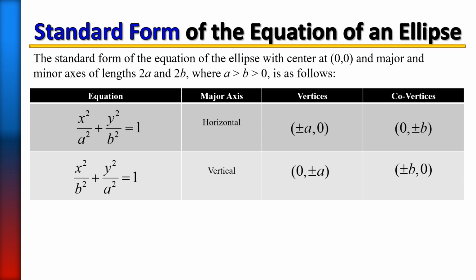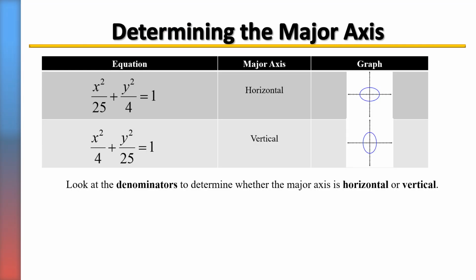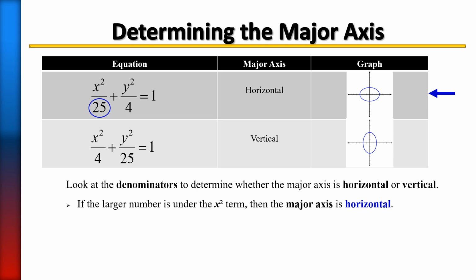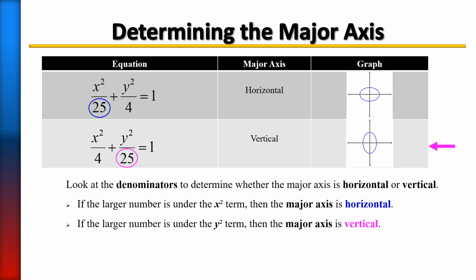To determine whether the major axis is horizontal or vertical, simply look at the denominators. If the larger number is under the x squared term, then the major axis is horizontal. Now, if the larger number is under the y squared term, then the major axis is vertical.